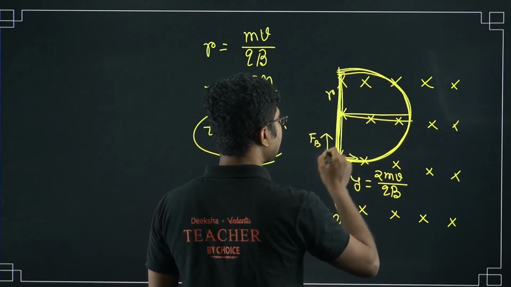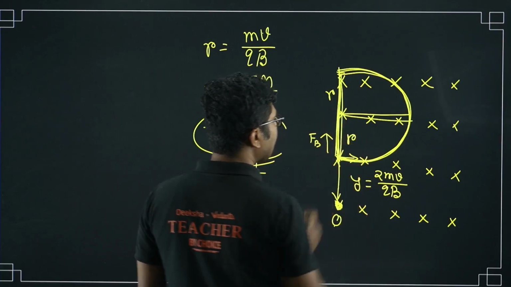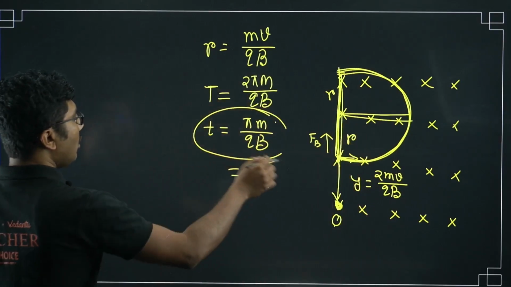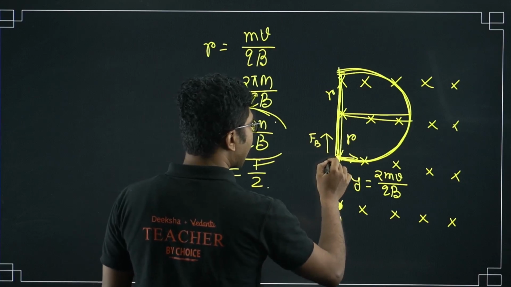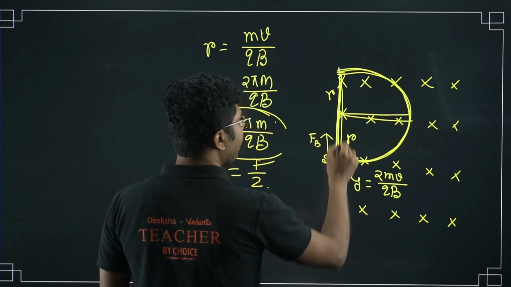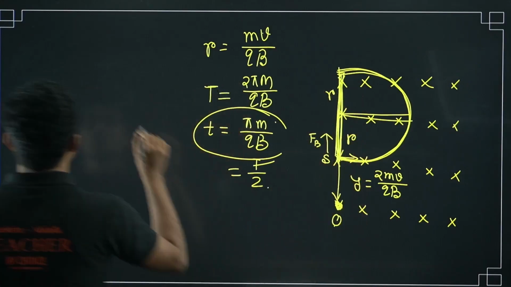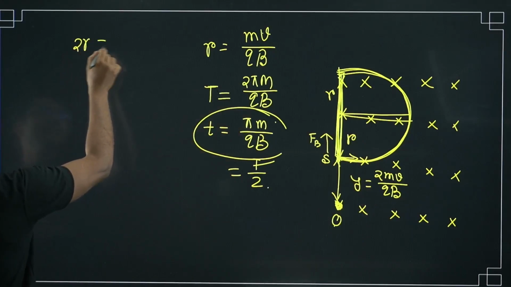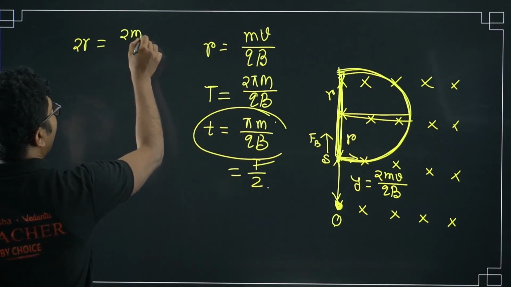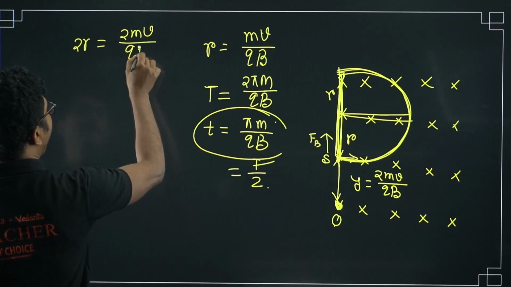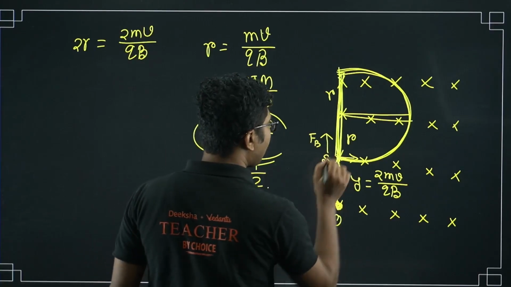So it is at a distance r plus r, that is a distance of 2r. The total distance from this starting point to here is 2r, which equals 2mv by qB. This is the distance from the starting point.